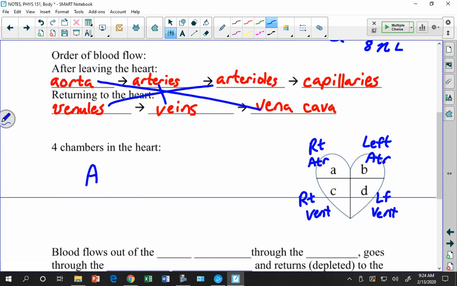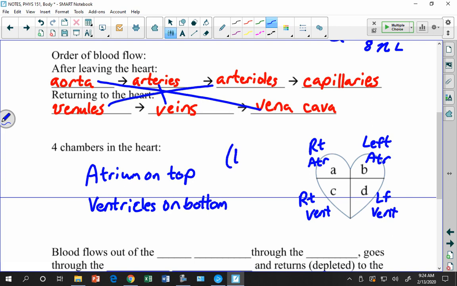So we have the atrium on the top, ventricles on the bottom, and then just recognize that left and right are switched because of the way you're looking at the heart. When you look at it on the paper, it's switched from what you would expect.